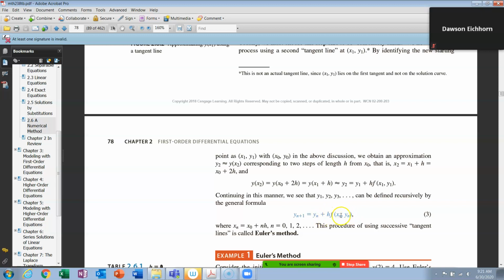So basically you use what you did last time to get the new one, and then calculate the new one and use it to get the next one, okay?